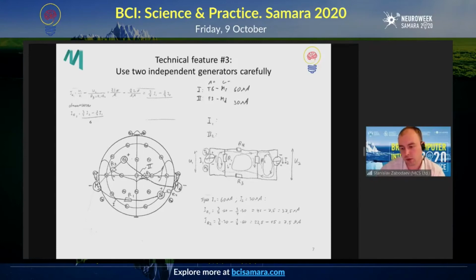Had both of these generators run independently, then we would have had one anode, one cathode, one input, one output area. But the minute we connect the second generator, these generators become galvanically coupled through the patient's skull.